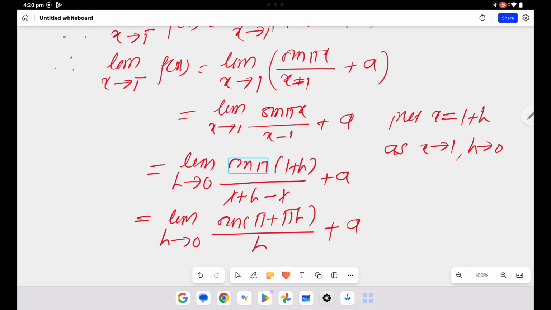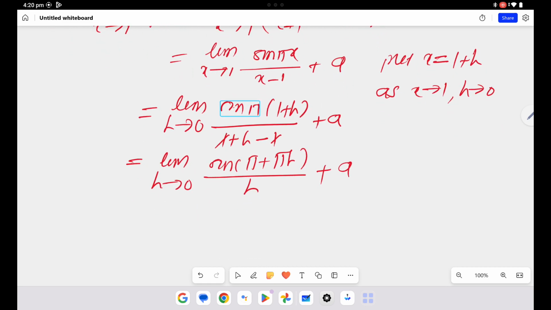In the next step we use the formula sin of pi plus theta is minus sin theta. Similarly, sin of pi plus pi h is minus sin pi h, so this is the limit as h tends to 0 of minus sin pi h upon h plus a.